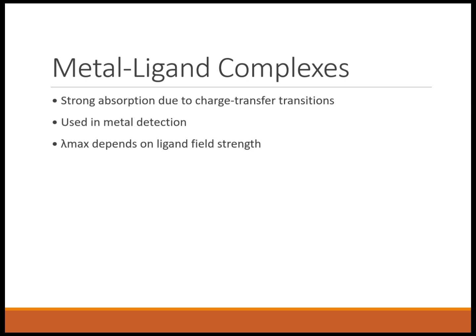Metal ligand complexes often exhibit charge transfer transitions which produce intense colors and strong visible absorption. This is used to detect metals and study coordination chemistry.